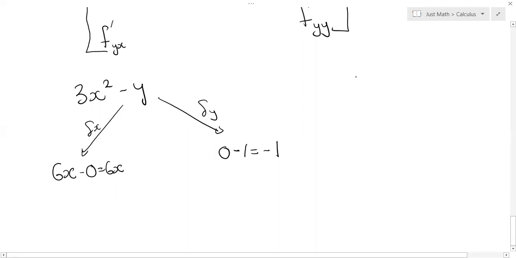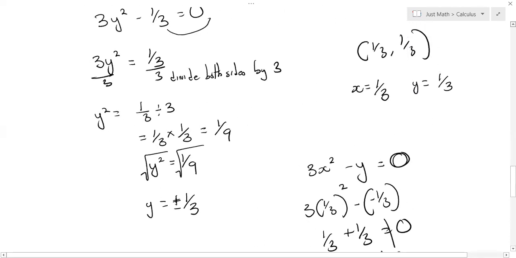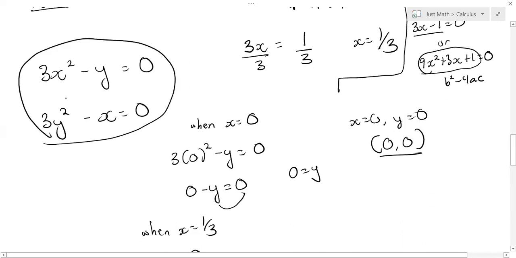And the first partial derivative with respect to y, we had 3y squared minus x. Remember this stuff that we did here? Let me go back up. So this is the first partial derivative with respect to x, and the first partial derivative with respect to y.